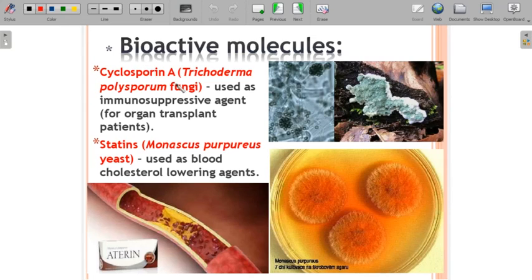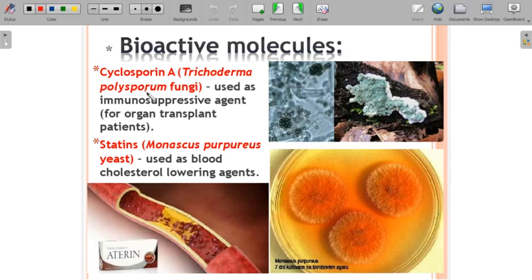Cyclosporin A. This is obtained from a fungus called Trichoderma polysporum. It is used as an immunosuppressive agent. Why? Because when a person has had an organ transplantation, the new organ, or any foreign particle that enters your body, will be rejected by your immune system by cell mediated immunity.